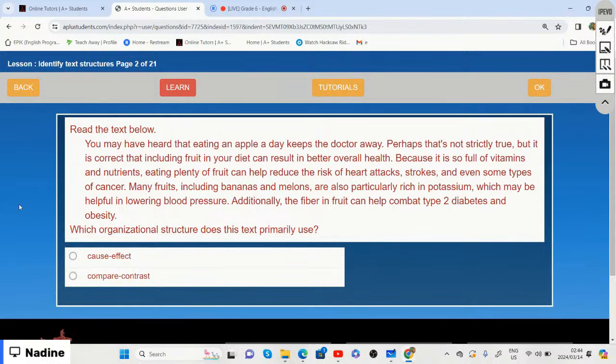Eating plenty of fruit can help reduce the risks of heart attacks, strokes, and even some types of cancer. Many fruits, including bananas and melons, are also particularly rich in potassium, which may be helpful in lowering blood pressure. Additionally, the fiber in fruit can help combat type 2 diabetes and obesity.